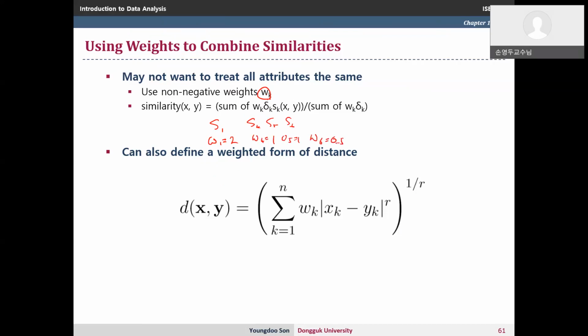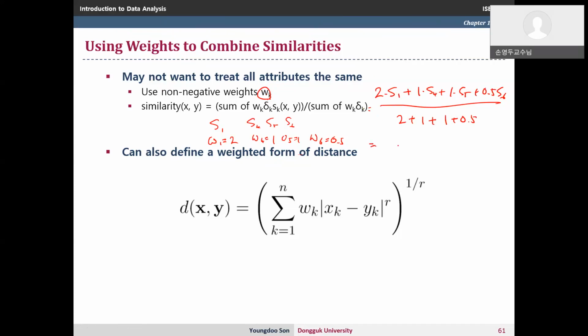Then we can take the weighted average of the similarity: 2 S1 plus 1 S4 plus 1 S5 plus 0.5 S6 over 2 plus 1 plus 1 plus 0.5.